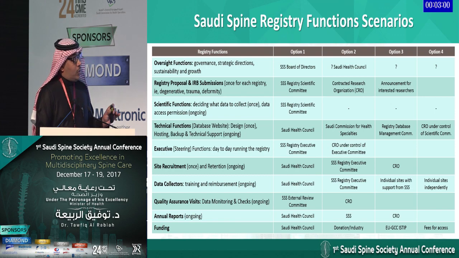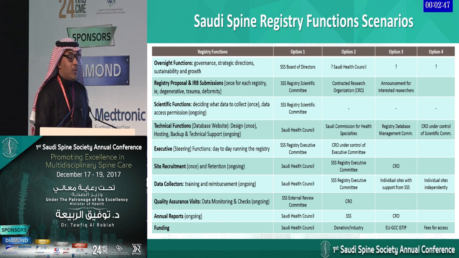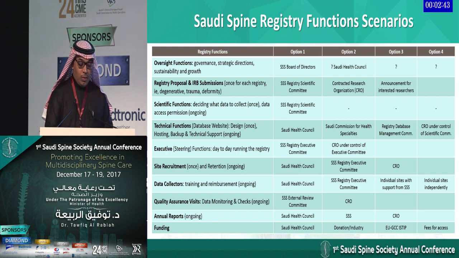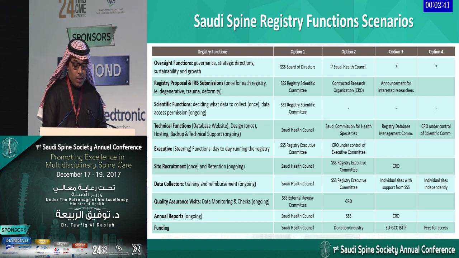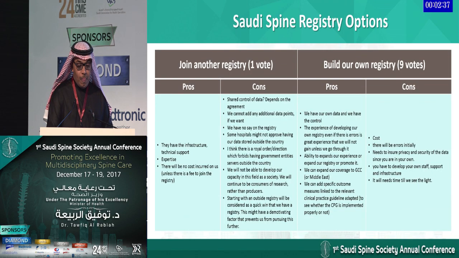We don't want to put only one recommendation. We split all the different functions of the registry, and we gave different options. So for each function, the technical function, the site recruitment function, we gave option 1, option 2, option 3, option 4. So we are not limiting ourselves to one plan only.